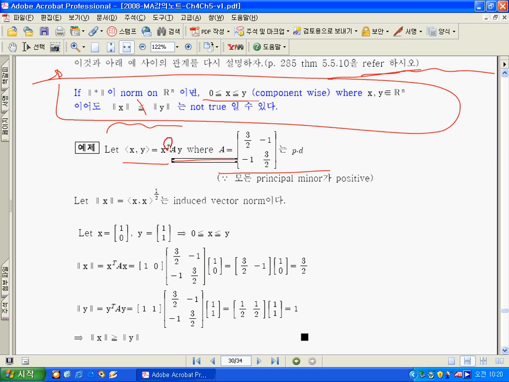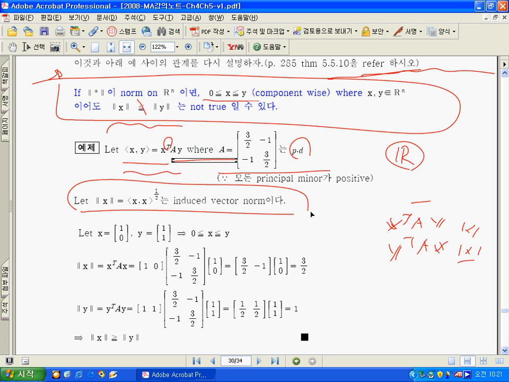If you deal with real scalars, then the conjugate doesn't make any change. Whatever you choose, it's all one by one scalars, and the conjugate doesn't mean anything. So it always works. For the real case, it is an inner product, and this matrix is positive definite.